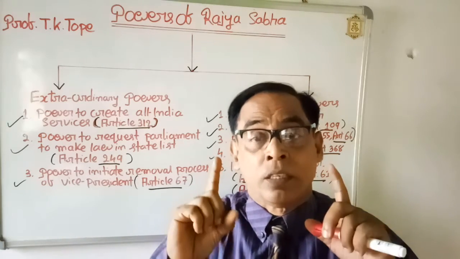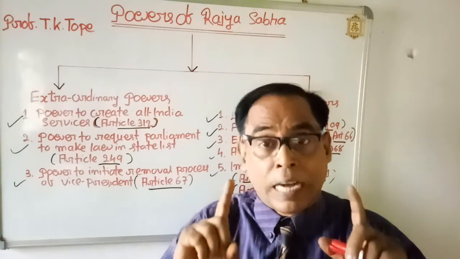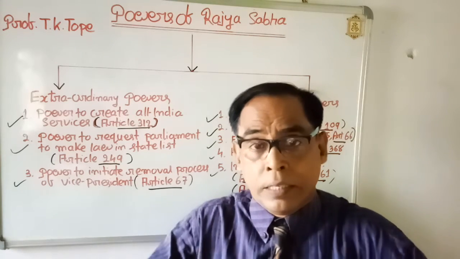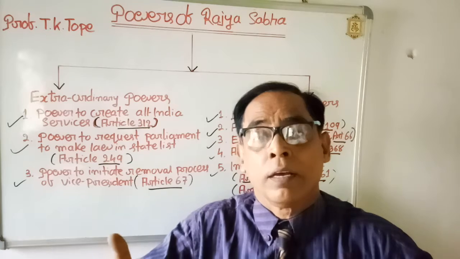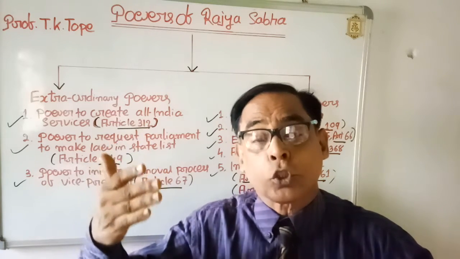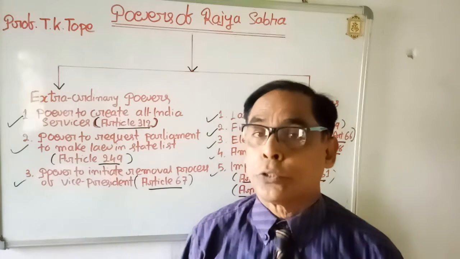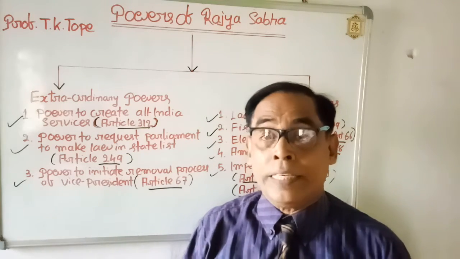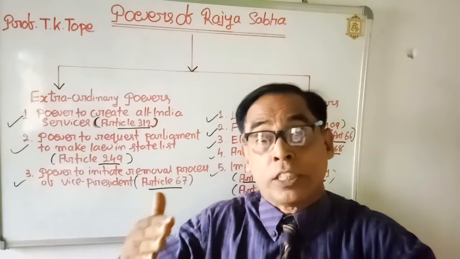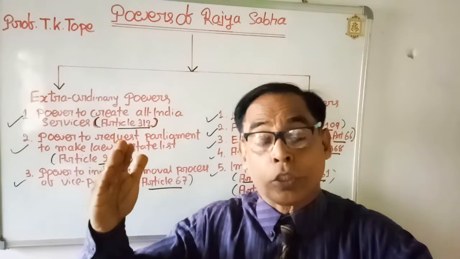It means Rajya Sabha or the Council of States or the upper house of Indian Parliament is influenced by American Constitution, Irish Constitution and the British Constitution. Its composition system is influenced by the American Constitution.